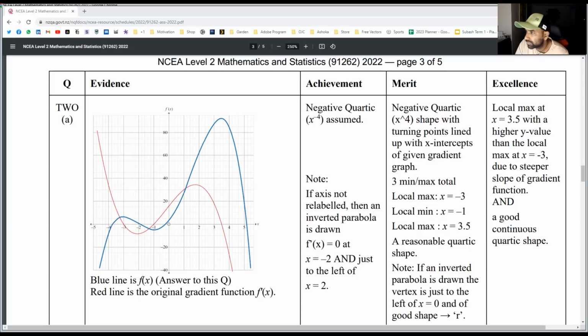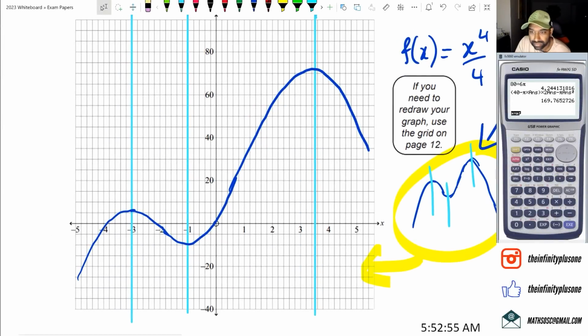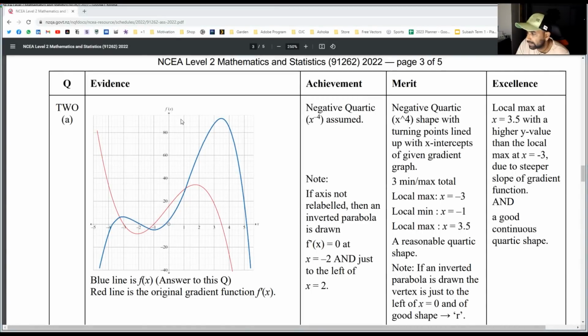So the first thing I did was check, okay, does this have the blue shape? In my one, yes it does, so that's good to know. So definitely I'm going to get an achieved for that. Now weirdly enough, for this question they've actually given you merit if you were to do it as a parabola. So if you make a mistake and draw a parabola, it says if the axis is not labeled and an inverted parabola is drawn.